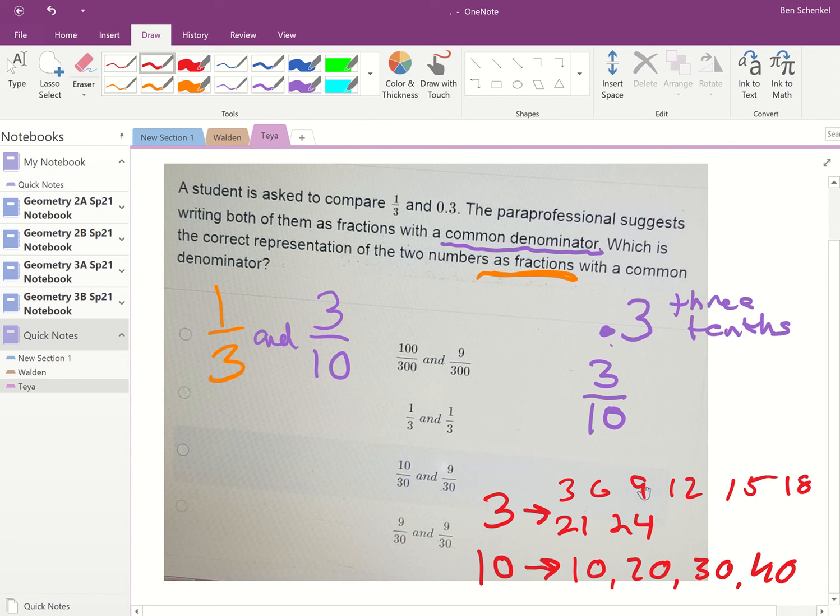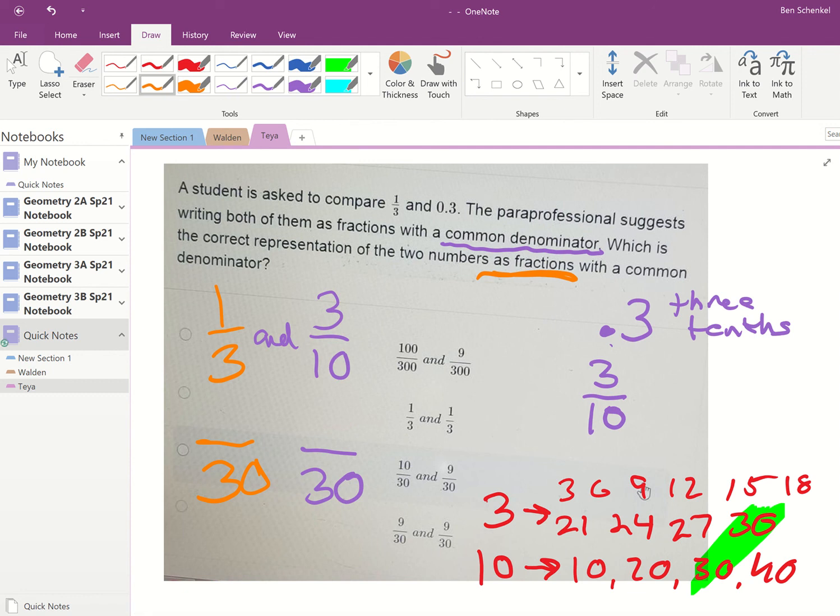I haven't got to anything that ends in a 0 yet, so I just keep on going. 24, 3 more than that's 27, 3 more than that's 30. Bingo, I can stop right there. I have two 30s. So I know I want to make both of these fractions something over 30.